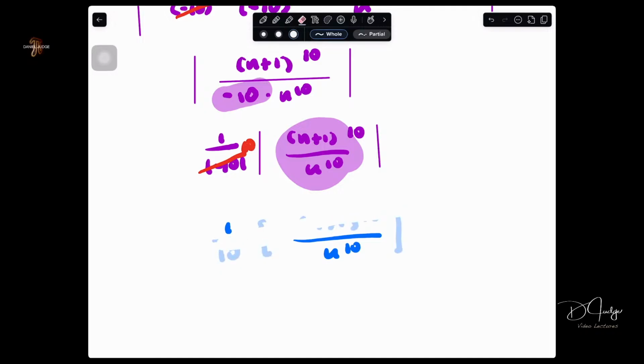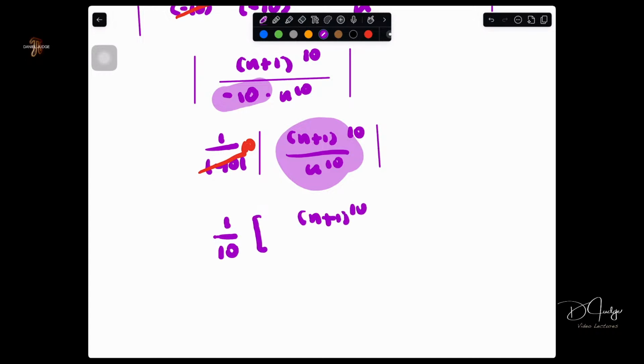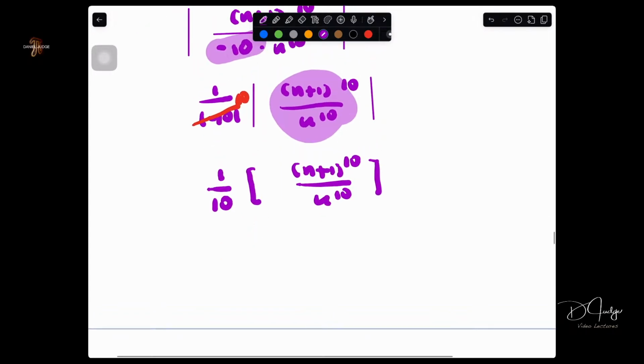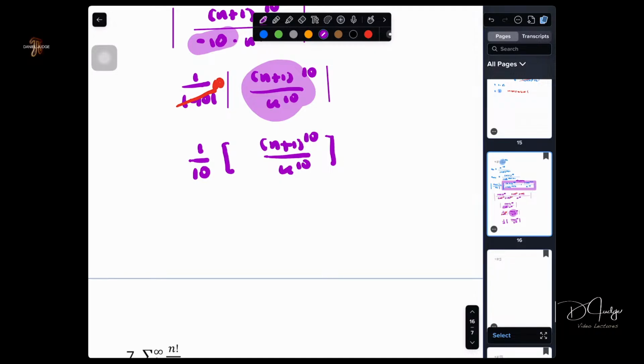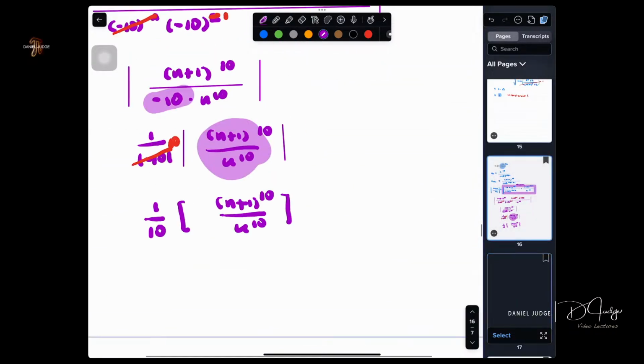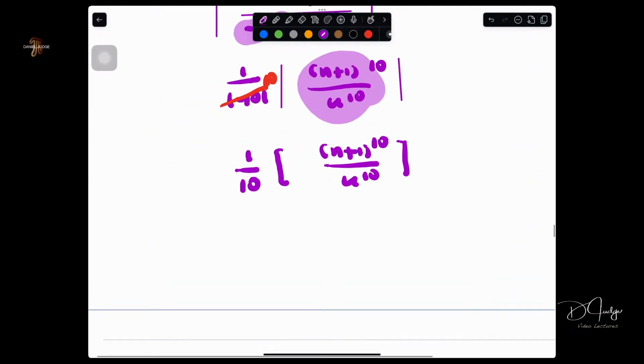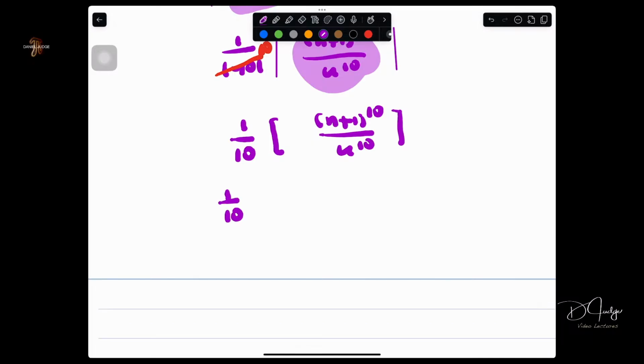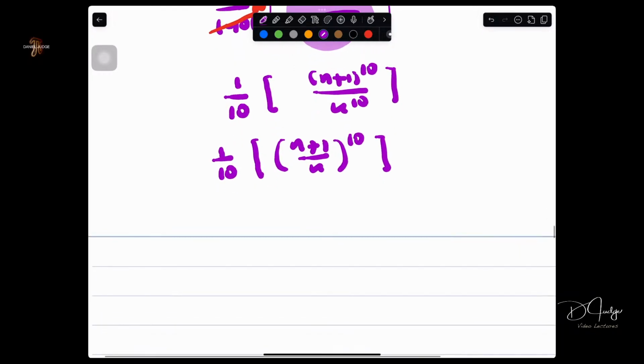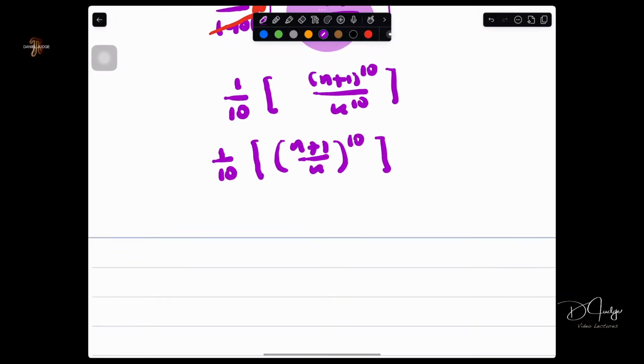And I guess we can still use some algebra. So let's go back to our purple. 1/10 times n plus 1 to the 10th power over n to the 10th power means we're going to end up with one over 10 times n plus 1 over n to the 10th power here now.